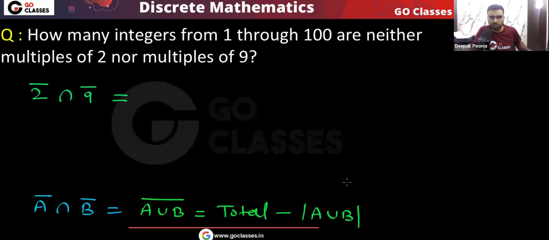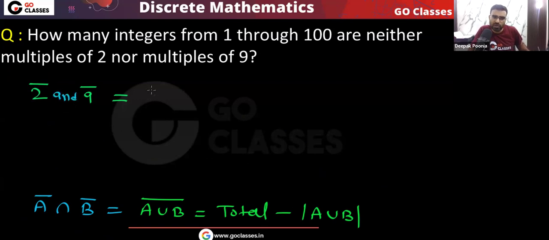Okay. See, if you did not understand De Morgan's law, then let me tell you that the question is talking about neither divisible by 2 nor divisible by 9. So I can say not divisible by 2 and not divisible by 9.